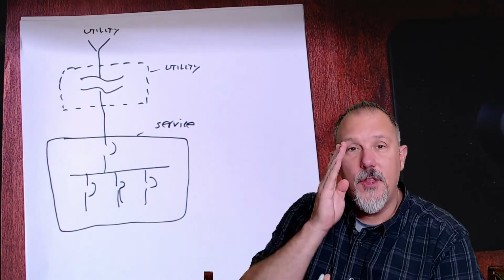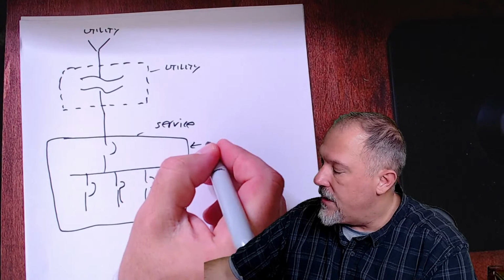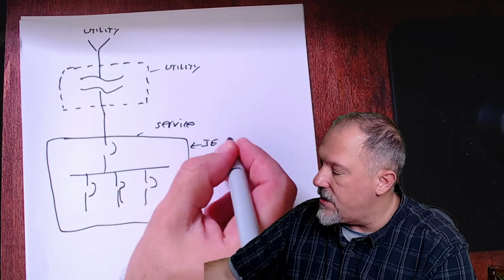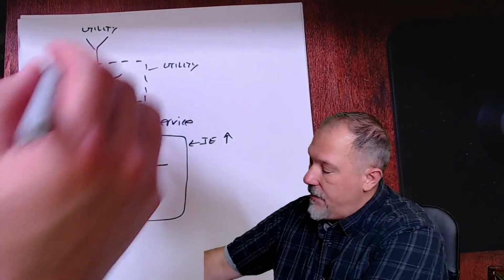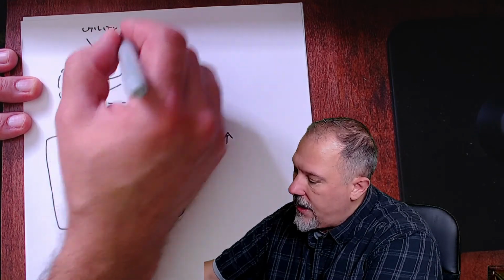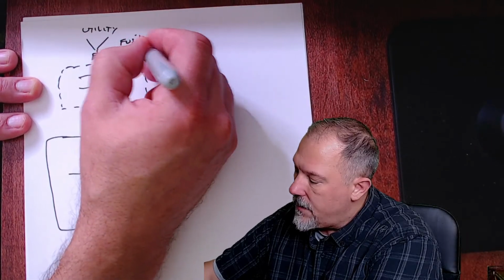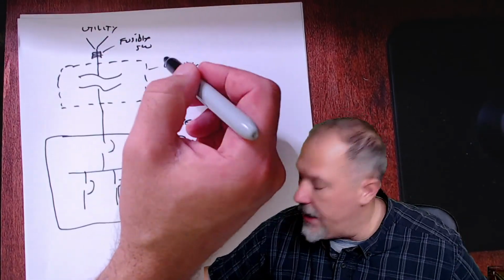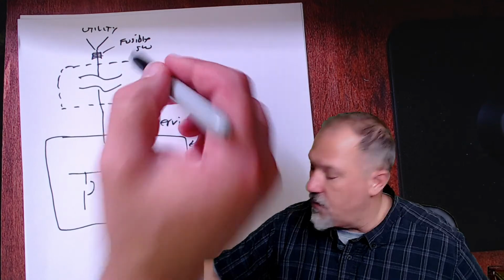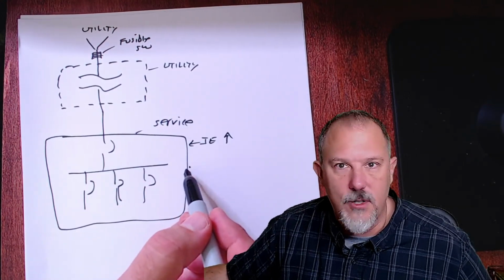Now, what we showed was the incident energy here. The incident energy is through the roof. Why? Because up here on the utility side, which I did not show, I've got a fusible switch. And that fusible switch is on the primary of this transformer, and that's determining the energy at the secondary of this transformer.